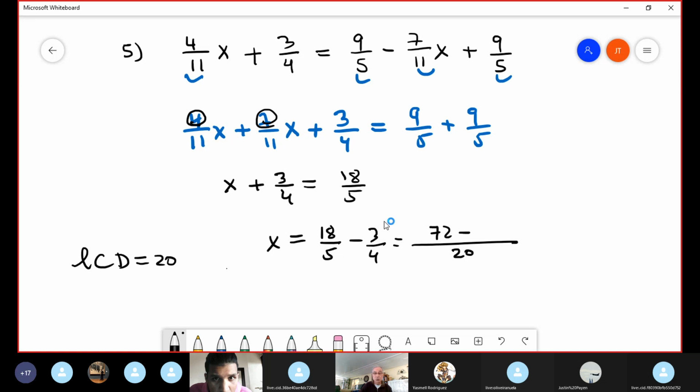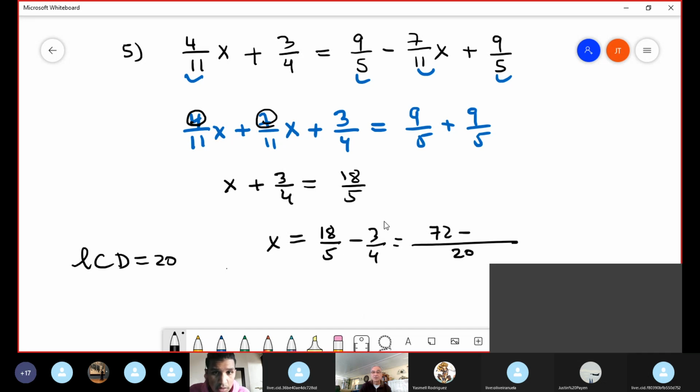Minus 20, so I did that division. 20 divided by 5 is 4, no? And 4 times 18. Do you see that? Likewise, 20 divided by 4 is 5. And 5 times 3 is 15.